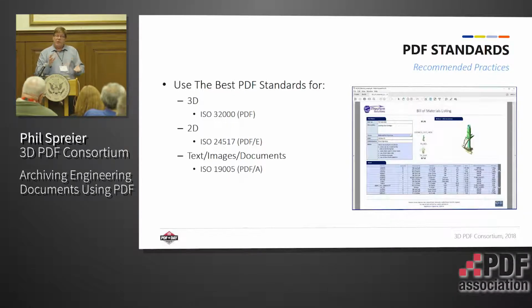We suggest that if you need to archive today, use the PDF 32000 specification. We prefer to use 32002 because it allows you to add PRC to that. And then after that, you have to use some recommended practices to make it all a single file so that it's really good for archiving in the future.